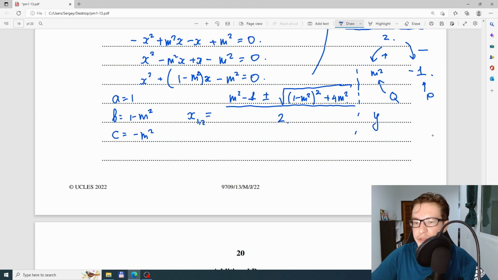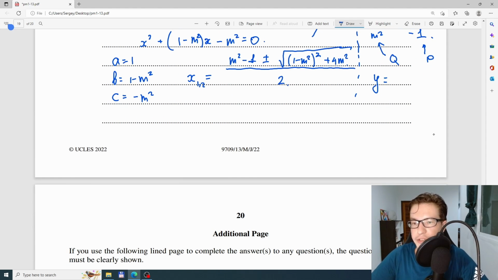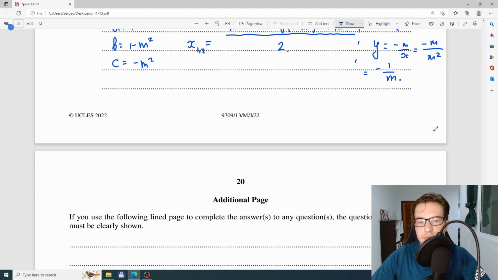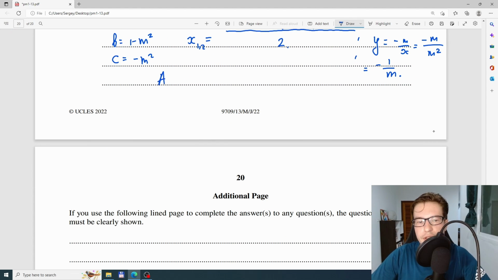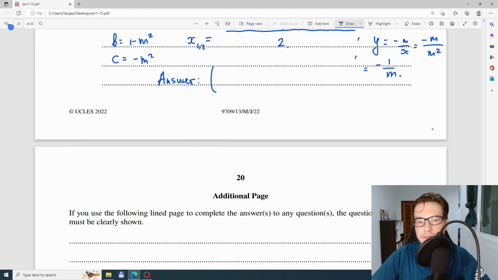So y equals, we can substitute it into minus m over x, which is minus m over m squared. And I got minus 1 over m. And we get the final answer. So x equals m squared and y equals minus 1 over m.